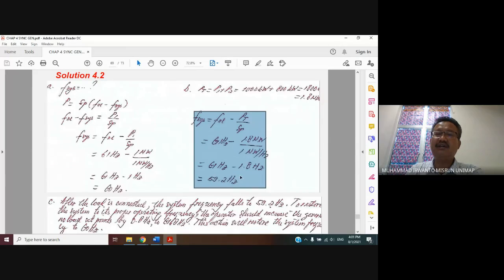So we can see here, the frequency system was 60 hertz, and then connecting the other load, meaning the load increases, the frequency will decrease.